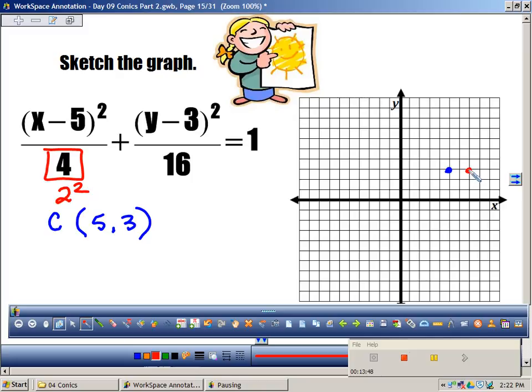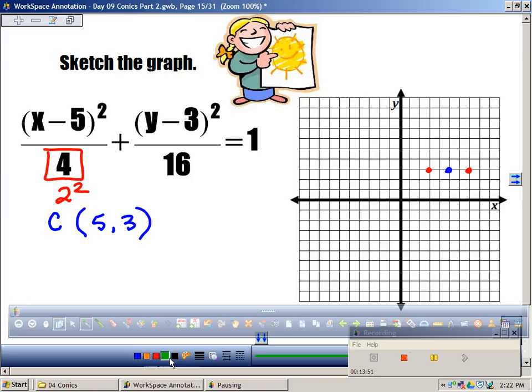I'm going to go out 2 and 2. And on my y-axis, I'm going to go out 4, which is 1, 2, 3, 4. And there's my conic, which is an ellipse because it's plus. If it was minus, my branches would go out.